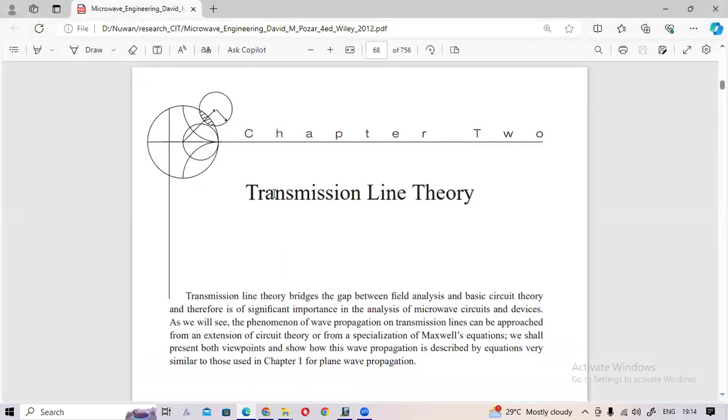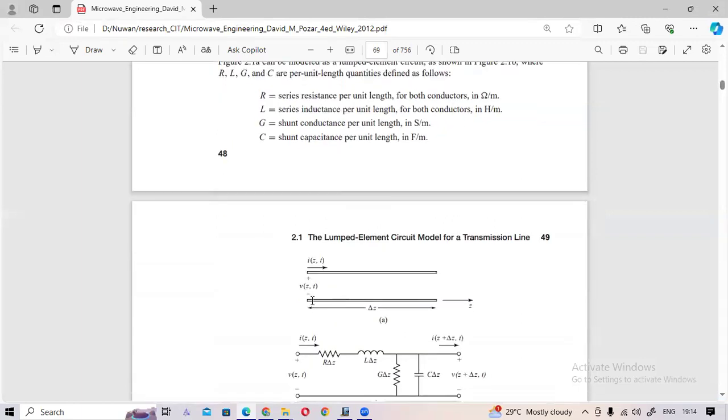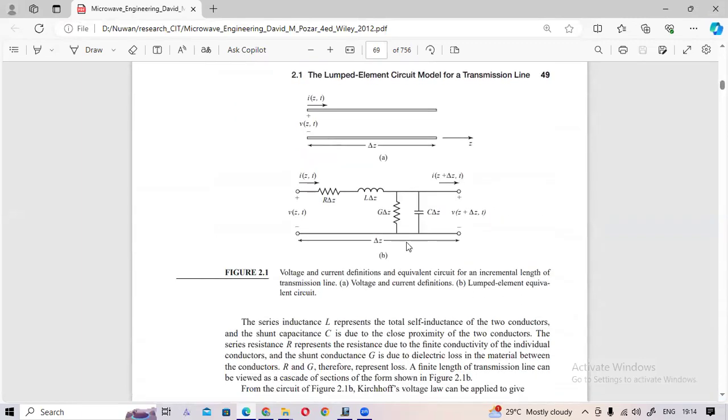Here the copper transmission line is modeled as a lumped element circuit. Lumped element means inductor, capacitor, and resistor.